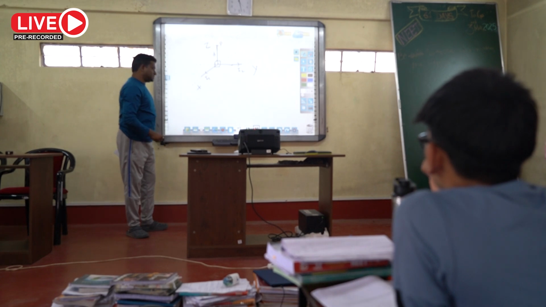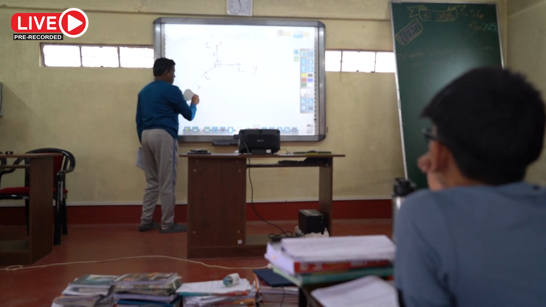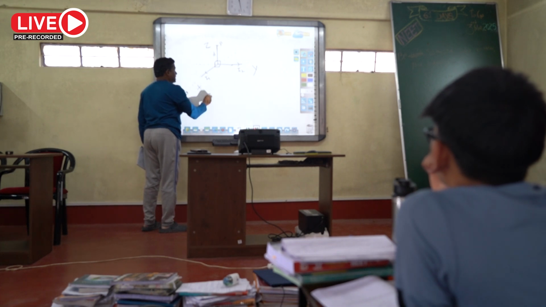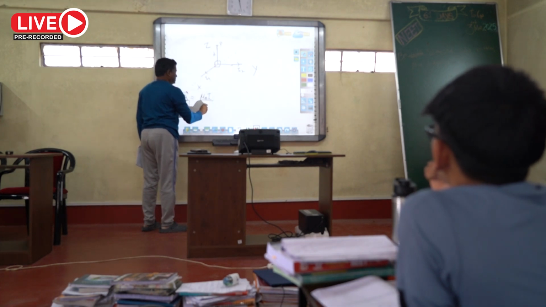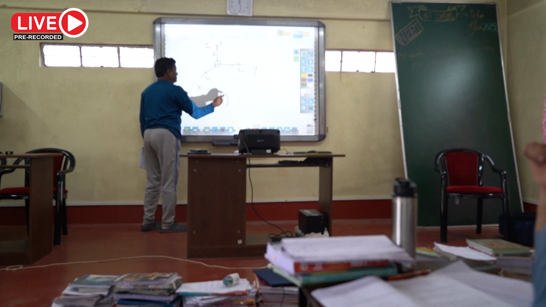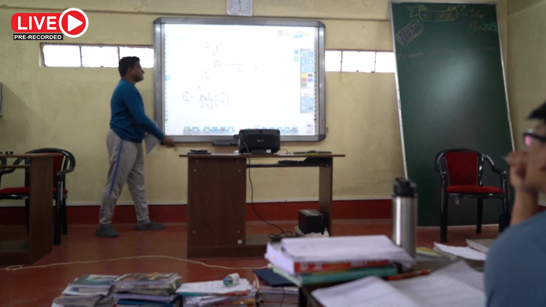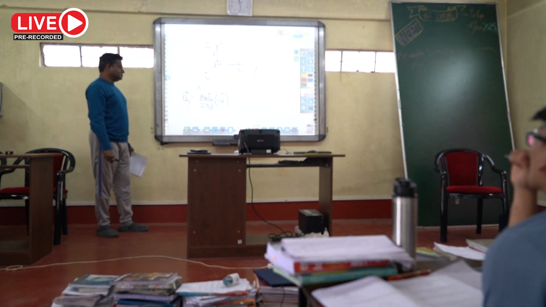So I can write the vector field B1 equal to mu naught I1 by 2 pi d, the direction is minus j cap.